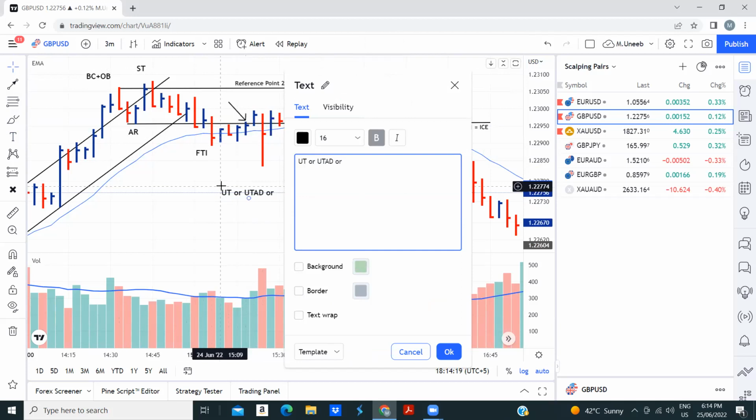Okay, RBI, rally back to ice after FTI, followed by UT or UTAD. Got it? These are our entry points. I will explain what I mean.